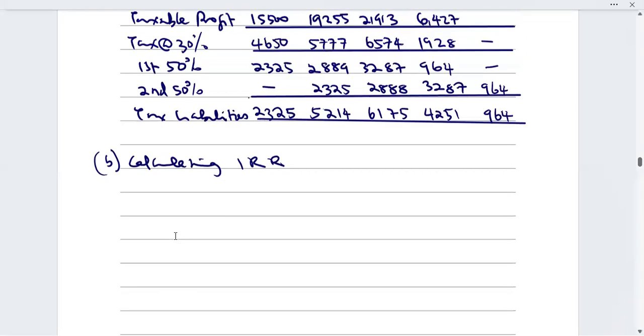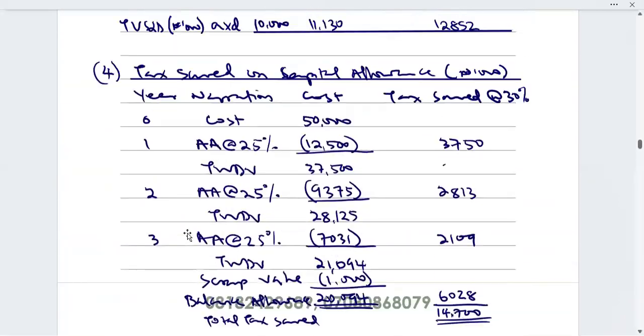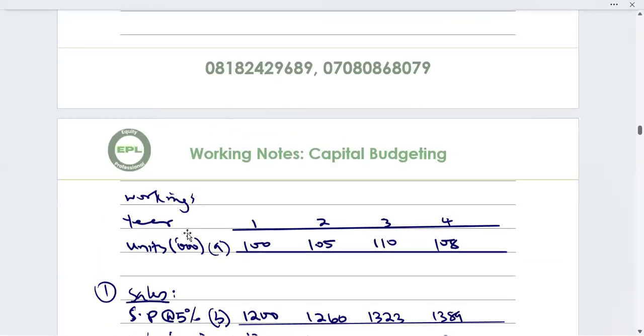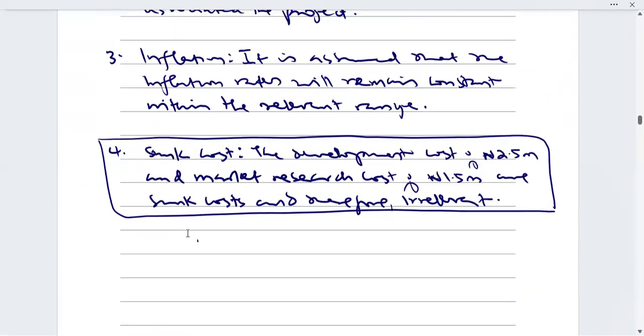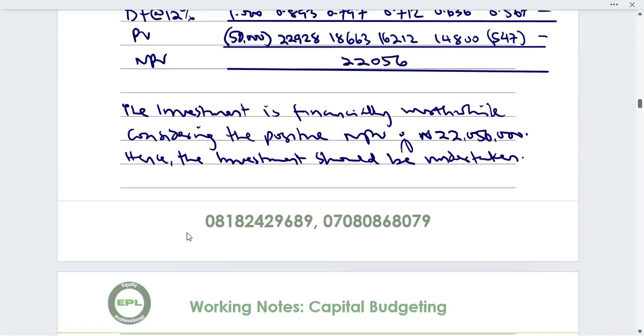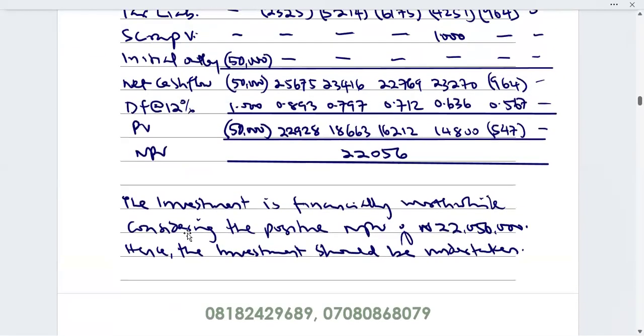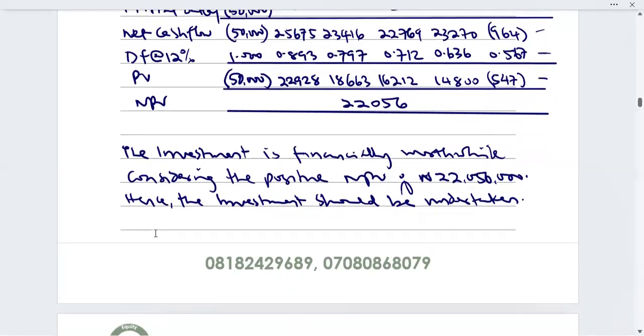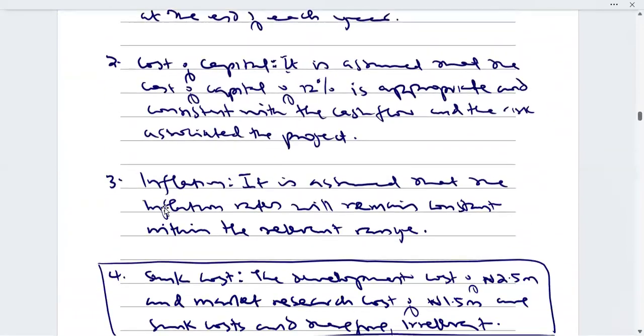But when you look at the NPV we computed, you will notice that it is so huge at 22,056,000 naira. We used 12% to get that NPV of 22,056. So even if you assume 15, 20, 25% to calculate your IRR, you will still be having a positive NPV.